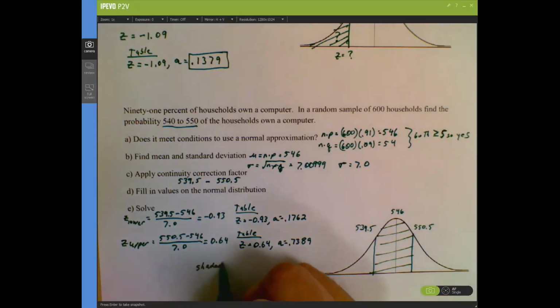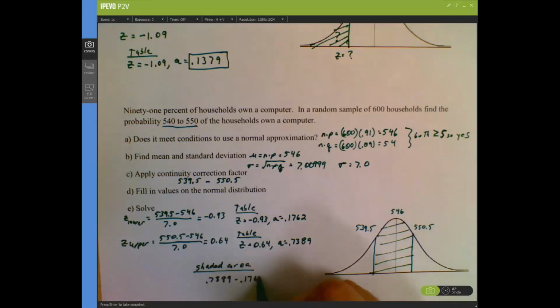And then to find our shaded area, 0.7389 minus 0.1762, 0.5627.